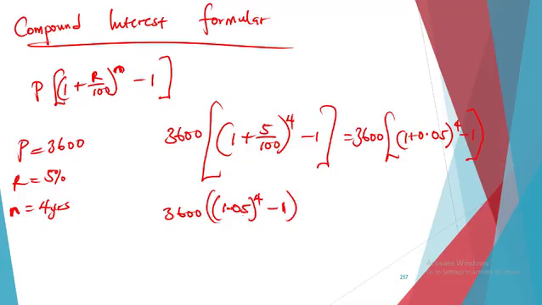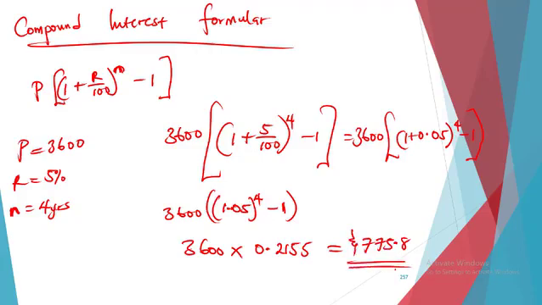So 1.05 raised to the power 4, then minus 1, gives us 0.2155. Then 3,600 times 0.2155 gives us 775.8 US dollars.